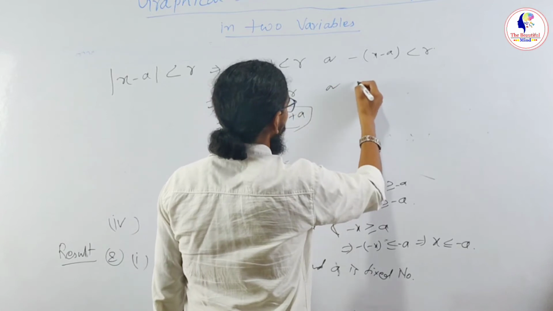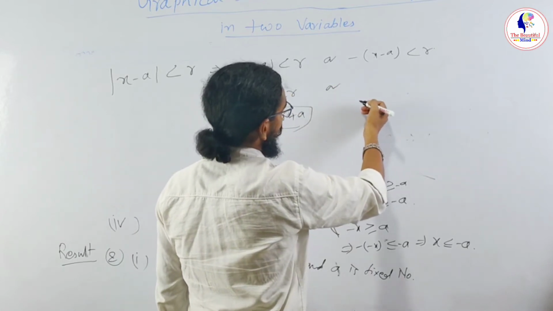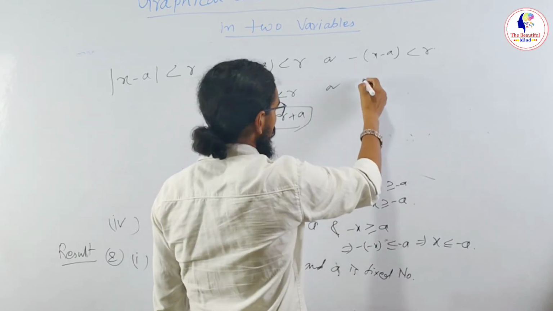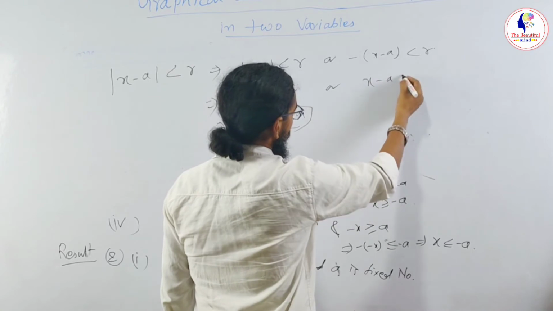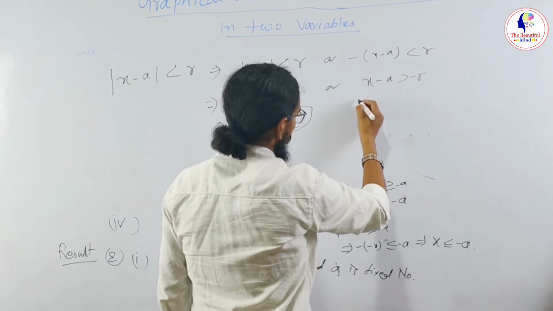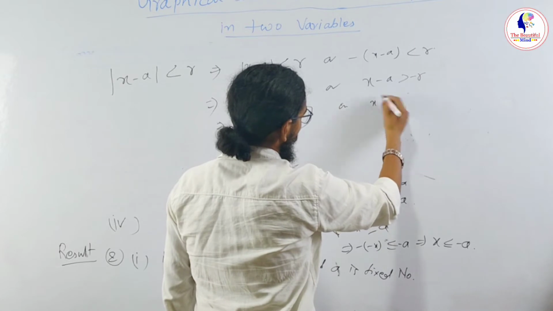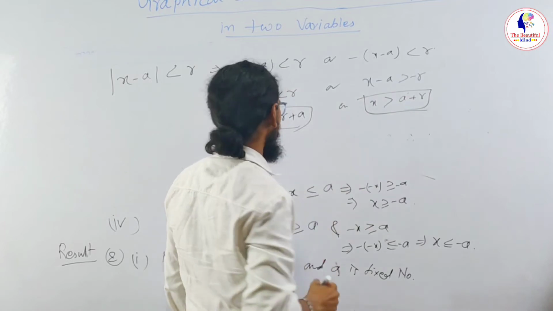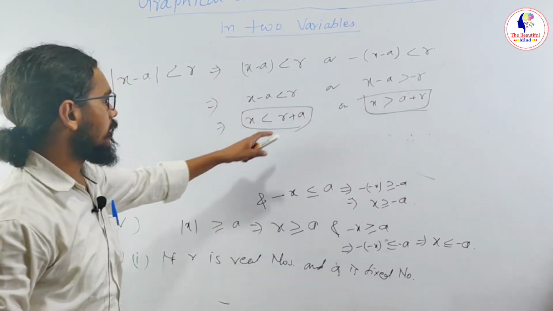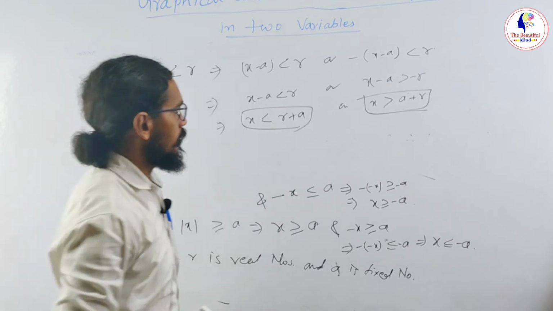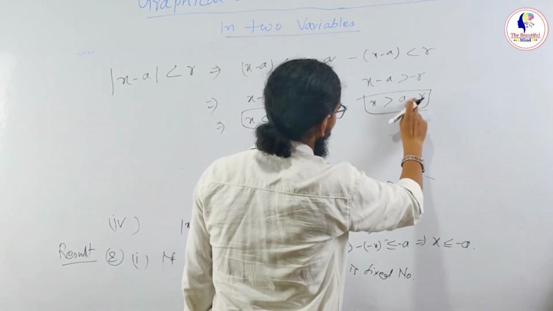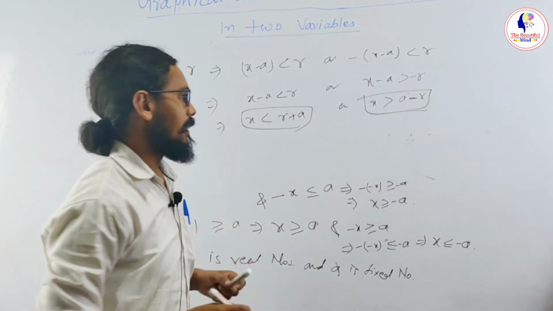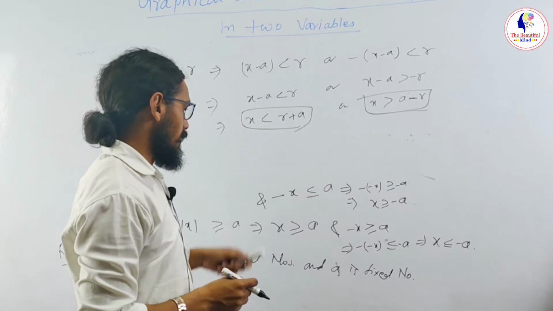If you remove the minus from here, it will be x minus a greater than minus r, and now a will go plus, so a minus r. Sorry, because here it is a minus r, because r is minus. Okay, so x greater than a minus r and x less than a plus r.